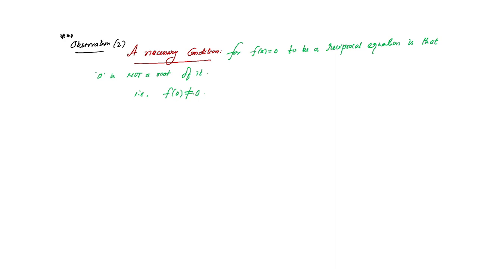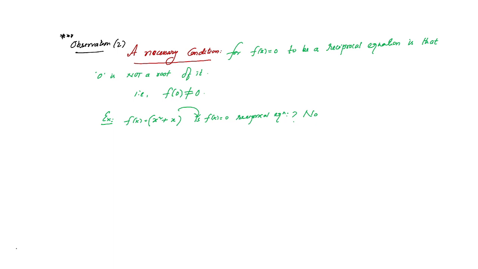As an example, suppose you are given the polynomial f(x) equals x square plus x, and you are asked whether the polynomial equation f(x) equals 0 is a reciprocal equation. Our answer is no, it is not a reciprocal equation. Why?